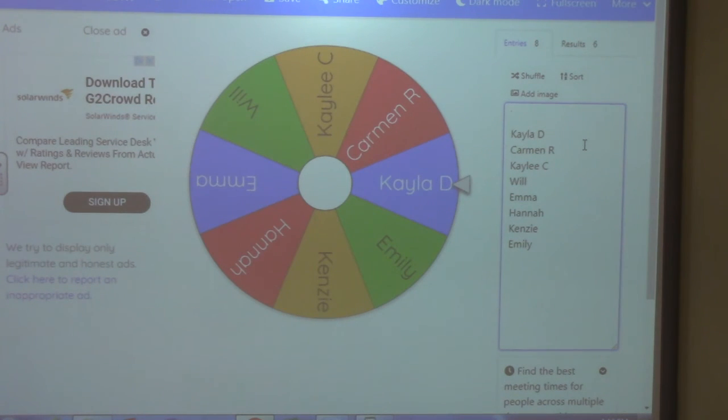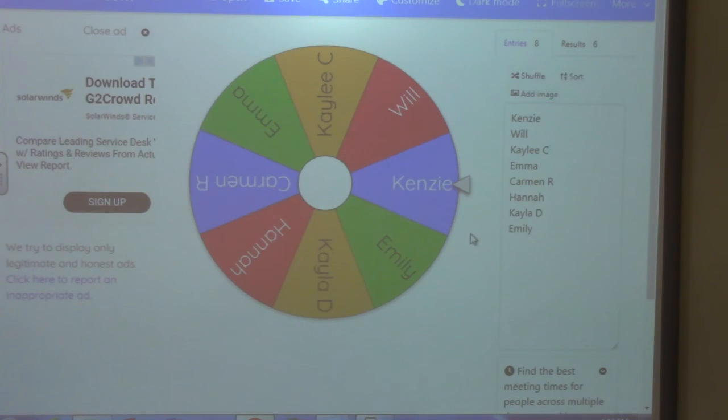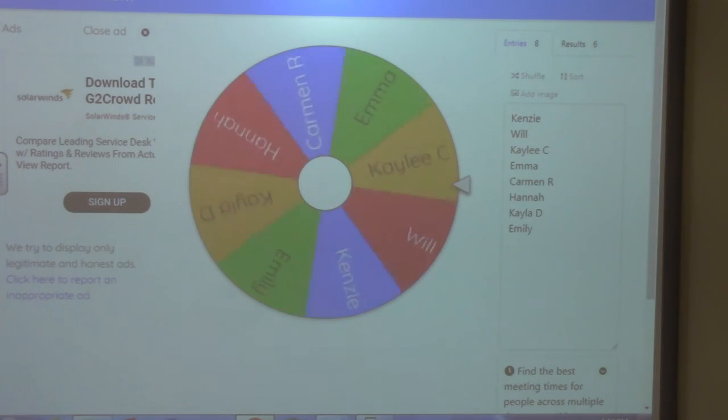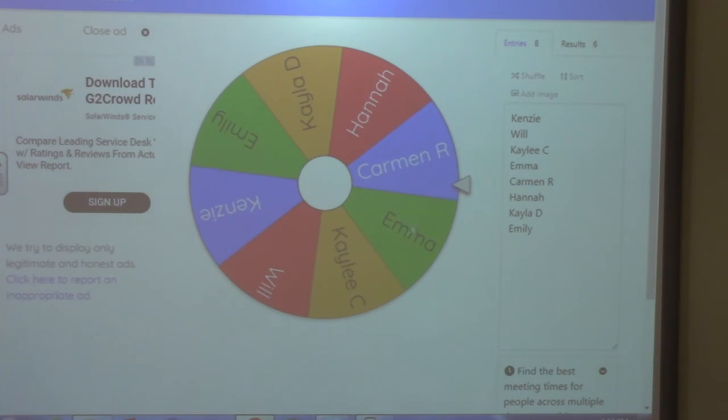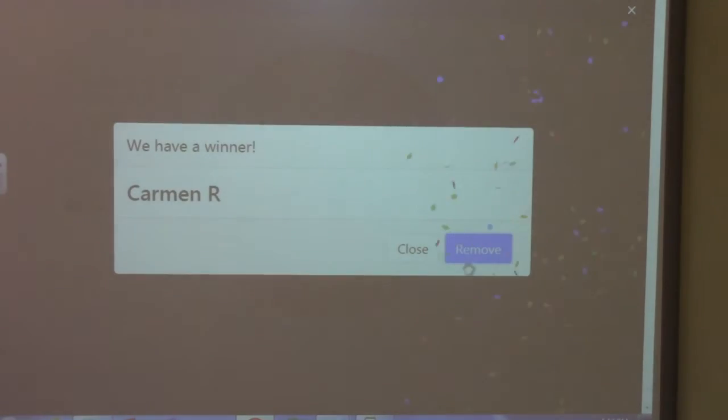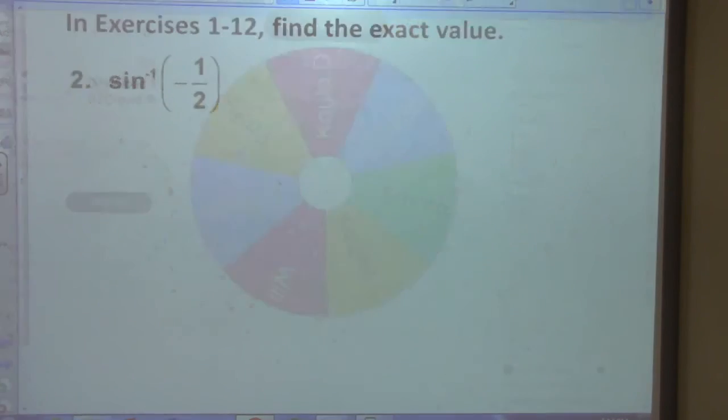All right, here we go. This one's going to be Emma or Carmen. It's going to be Emma. All right, Carmen. Carmen, what'd you get for this one?